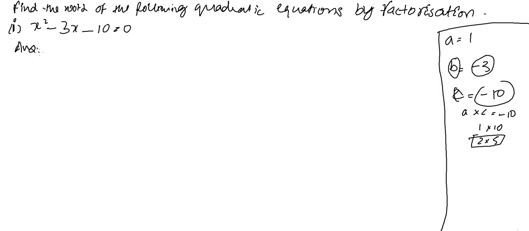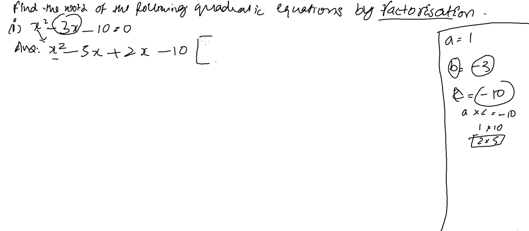So now I am going to write the answer of this question. You have to begin by writing like this: x square minus 5x plus 2x minus 10. So how did I get this? Just look here, x square, I wrote the same thing. Now we split this middle term. That is what factorization is, splitting the middle term.